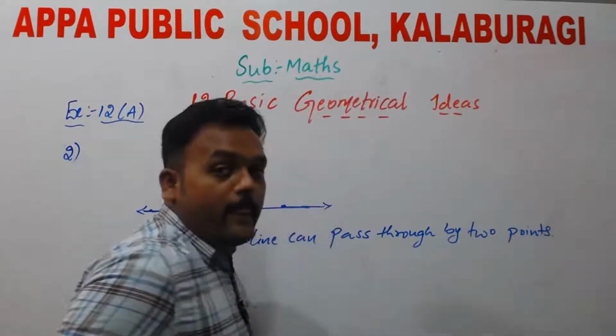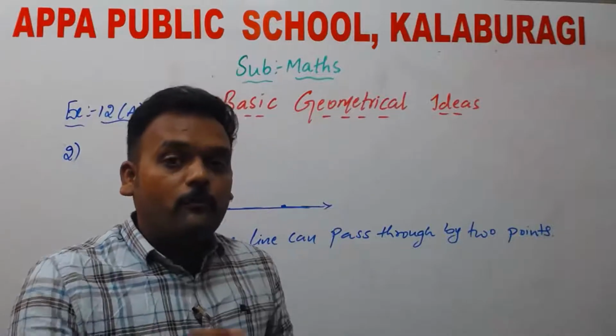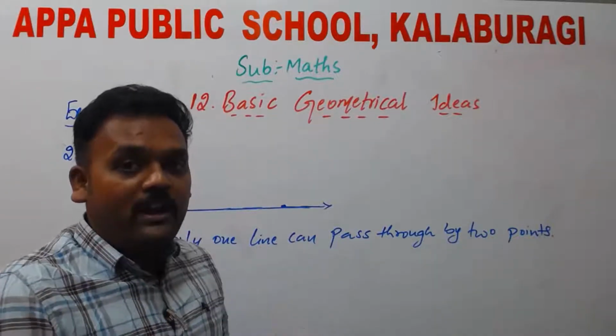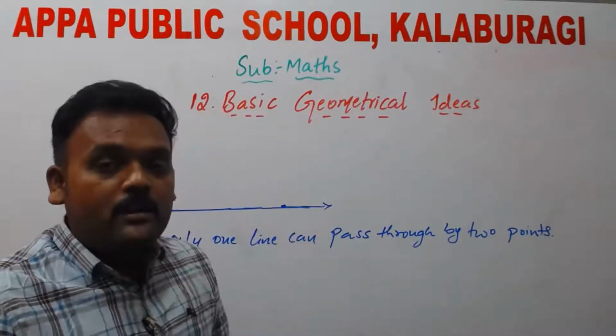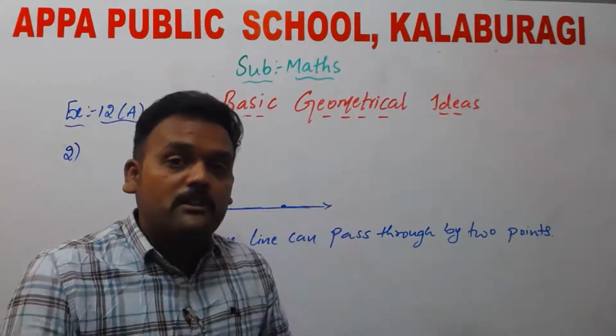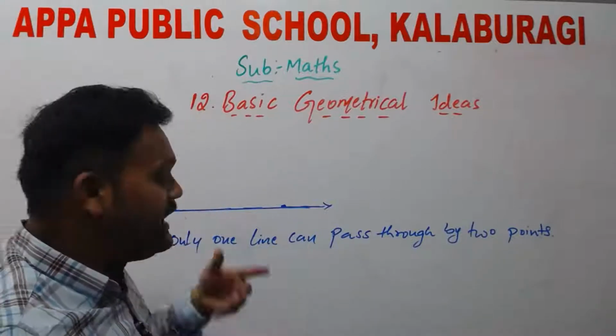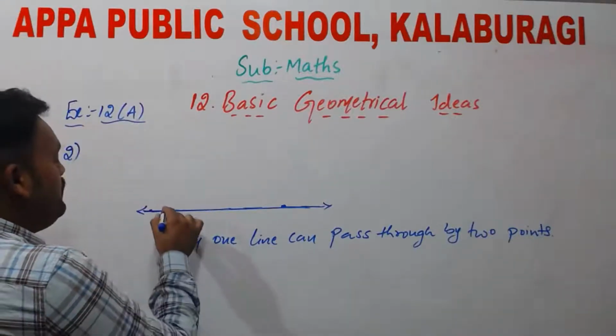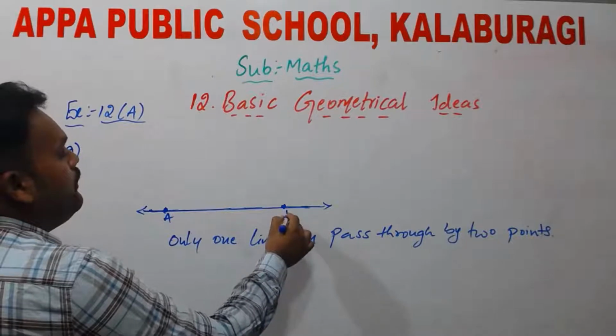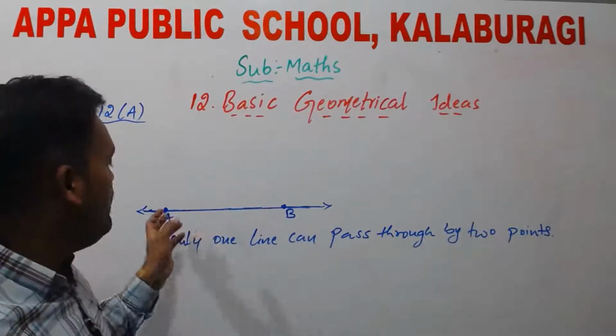Understood, students? Whereas in the first one, if you mark 1 point on a piece of paper, infinite lines can pass through. In the second question, for example, name the points A and B. A and B are the points, and AB is the line segment.